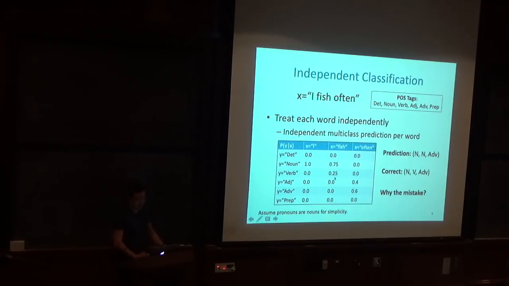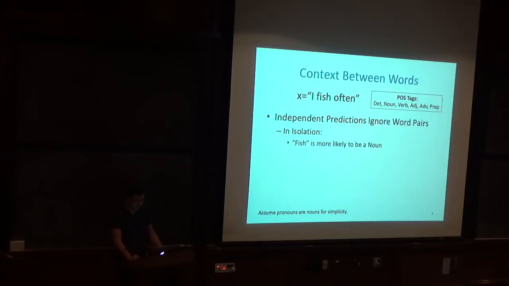Okay, so then the prediction for I fish often is noun, noun, adverb. And the correct prediction is noun, verb, adverb. We've misclassified fish as a noun when it should have been a verb in this particular sentence. The reason that we make this mistake is that we are ignoring sequential context. In isolation, fish is more likely to be a noun.